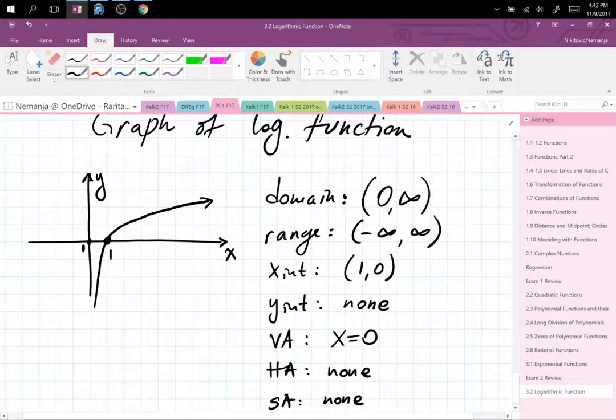Now let's use the lab from the group that's not here to go through this again. Domain. The way you read the domain is you cover the entire function and you start sliding it to the right. Eventually you uncover, right? See nothing, nothing, nothing, and whoop, there it is.